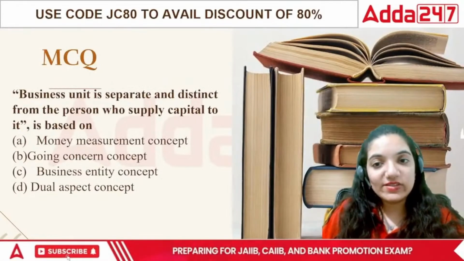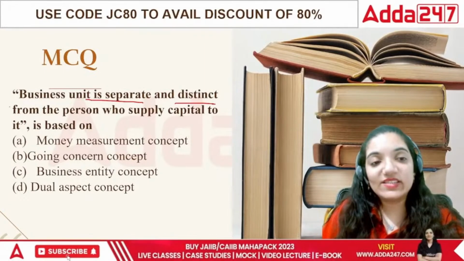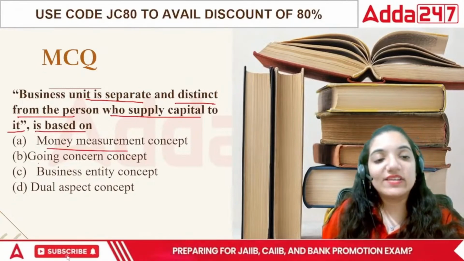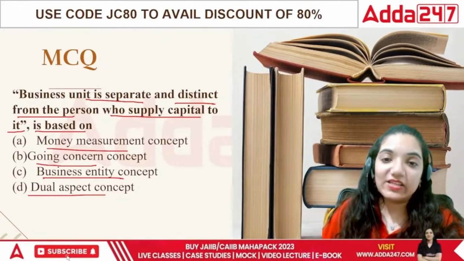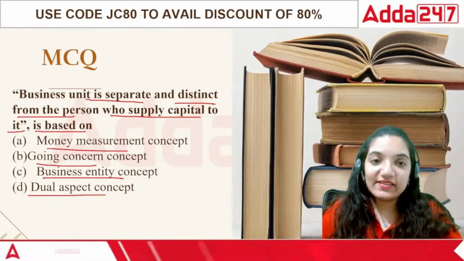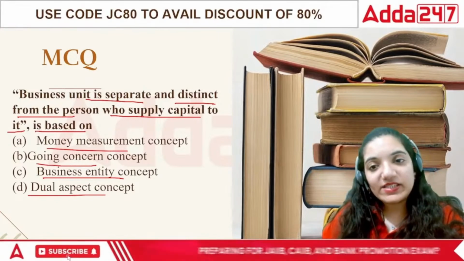Now let's move on to the next question. The next question says that the business unit is separate and distinct from the person who supplies capital to it, is based upon money measurement concept, going concern concept, business entity concept, or dual aspect concept. In this case, they are saying that the business unit is separate and distinct.